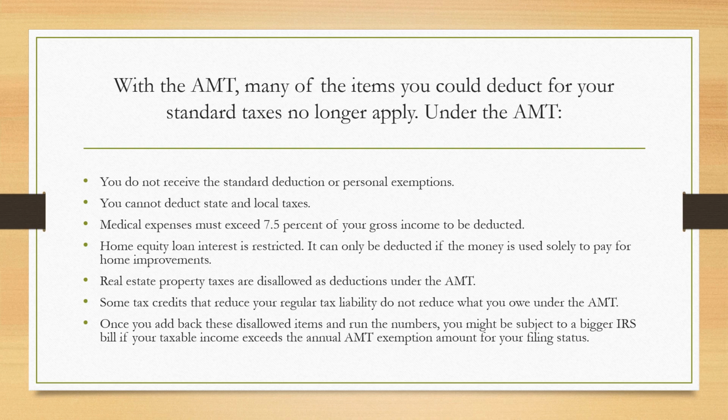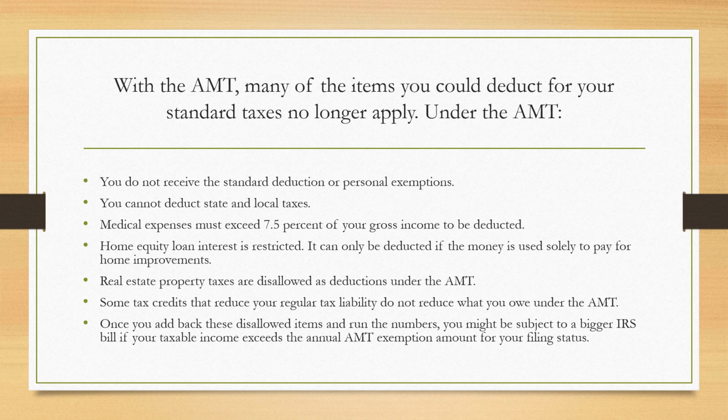Under the alternative minimum tax, they take a number of deductions and credits that you have available under the traditional tax code and add them back onto your income when they are calculating AMT. For example, the standard tax deduction is not available under the alternative minimum tax.